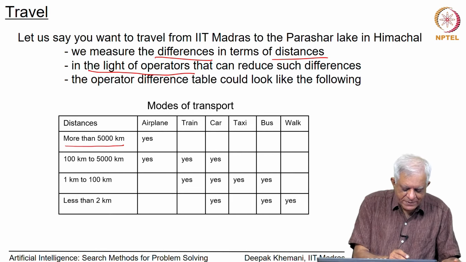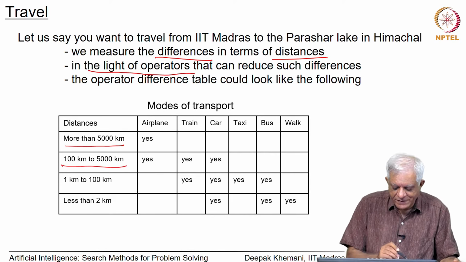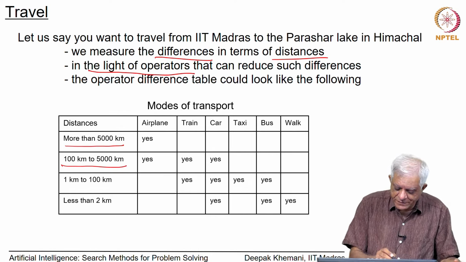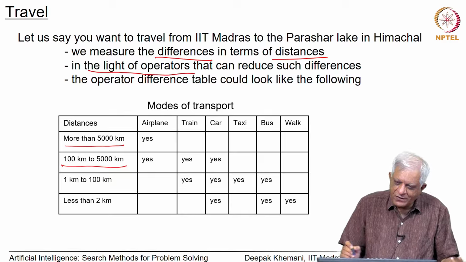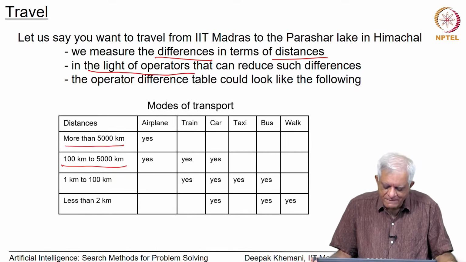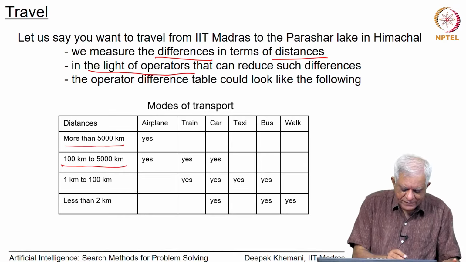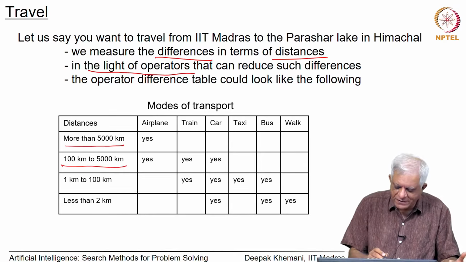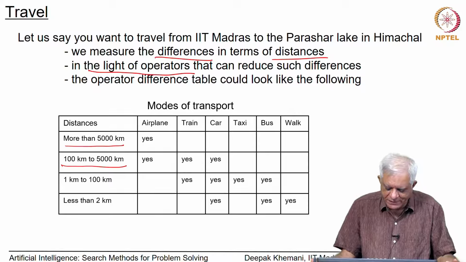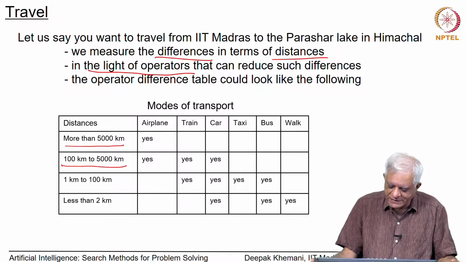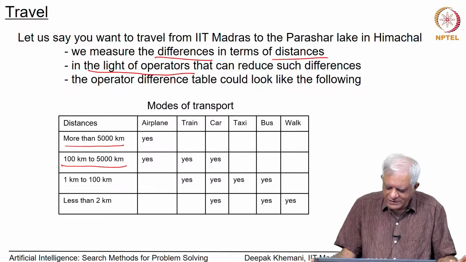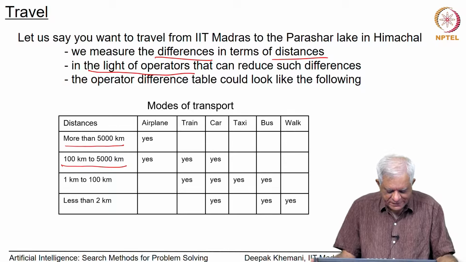But if it is let us say between 100 and 5,000 kilometers, then depending on the distance, you could take a flight or you could take a train, or you can, if you are adventurous enough, drive all the way essentially. Shorter distances, 1 kilometer to 100 kilometers, you can take a train, a metro train or a suburban train for that matter, car or a taxi or a local bus or something like that.